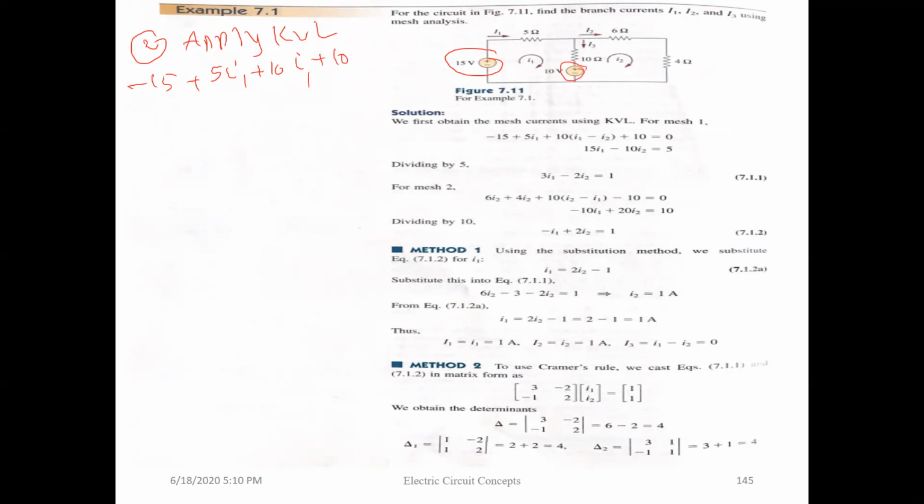Now we need also to include the voltage drop contributed by the current I2 here. What is the contribution voltage drop of I2? It will be a minus. Why is it a minus? Because it has the opposite direction of current number 1, or I1. So it will be minus 10 I2 equals 0.